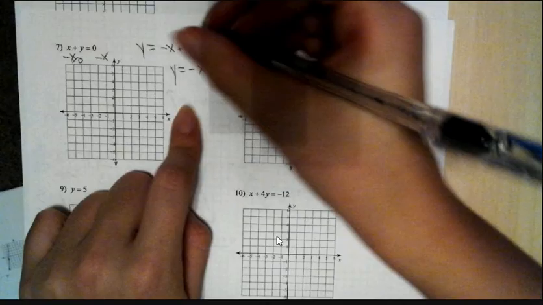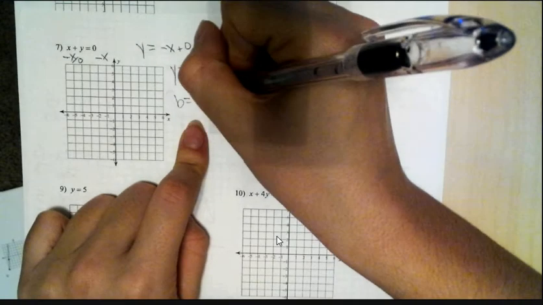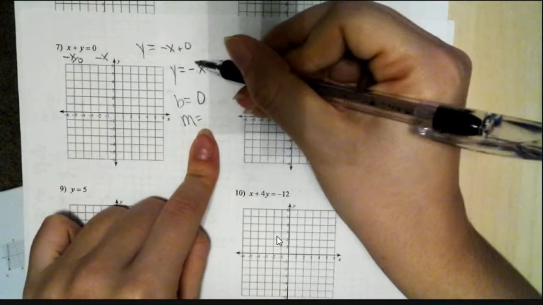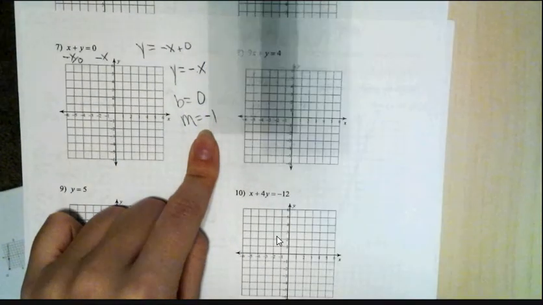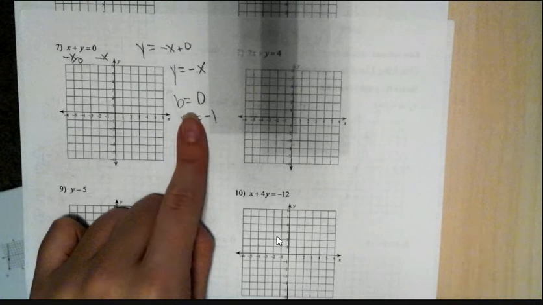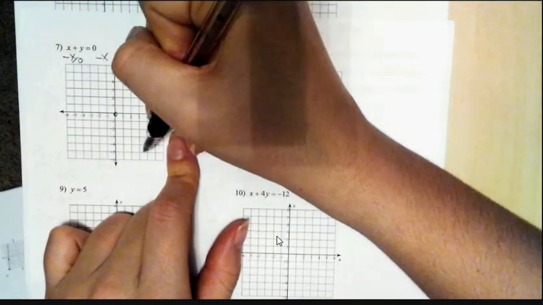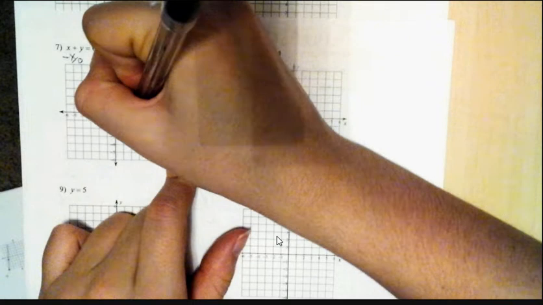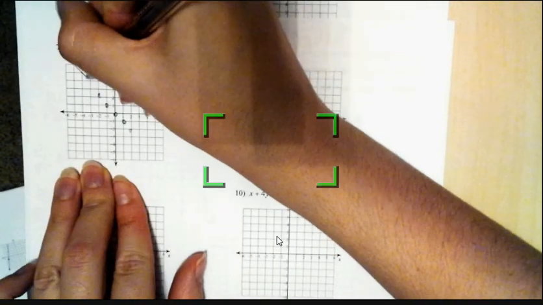So now I know my y-intercept is 0, and my slope is negative 1. So I'm ready to graph my line. I'm going to start at 0, and my slope is negative 1, so I'm going to go up 1 over 1, down 1 over 1, and I could keep doing that as much as I wanted, but my line is going to look like this.